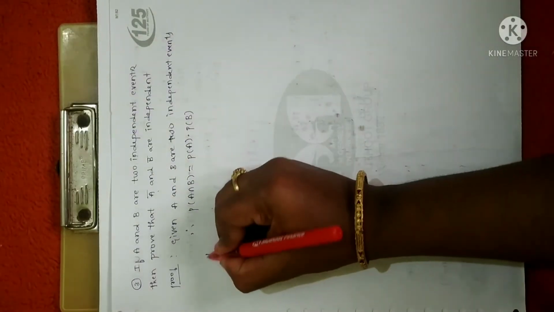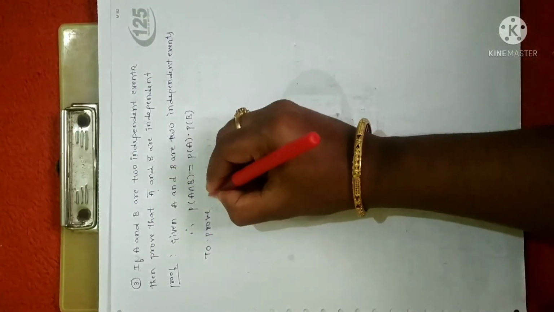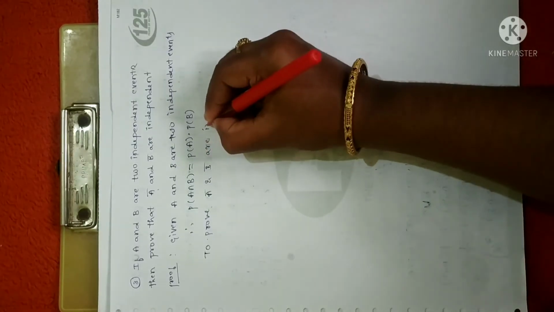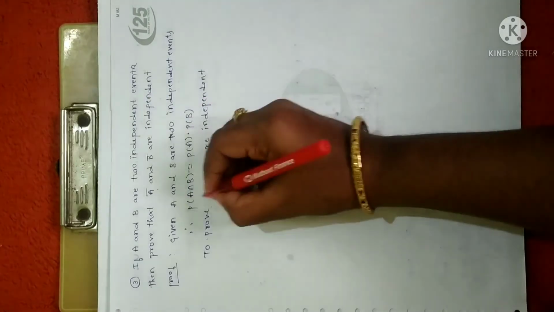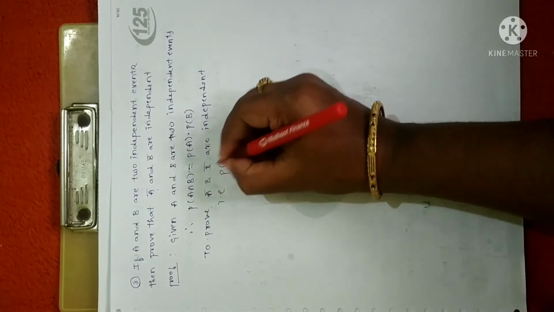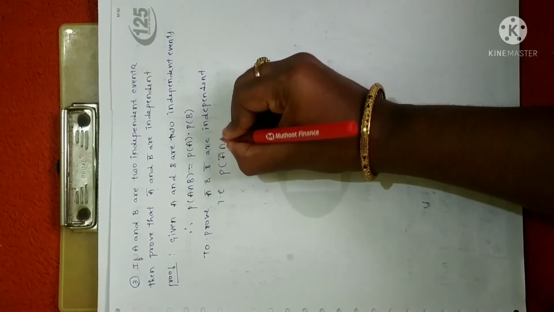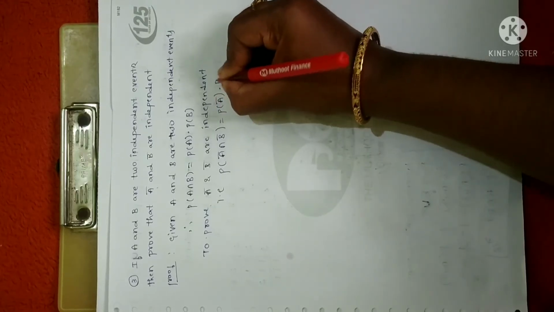Now what we have to prove is that A bar and B bar are independent. So what we have to prove is, in place of A and B, A bar and B bar. We have to prove that probability of A bar intersection B bar is equal to probability of A bar into probability of B bar. Am I correct?